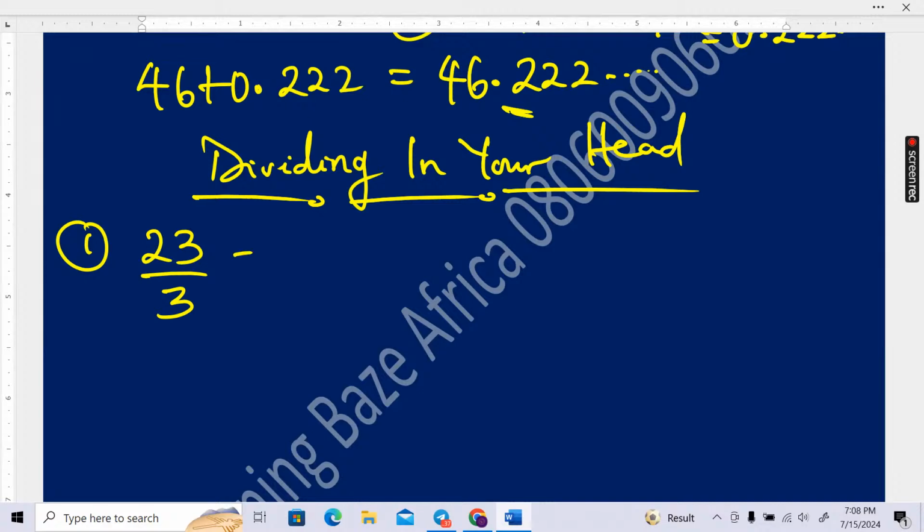So this is what you need to do. Break down 23 into multiples of 3. What is the highest multiple of 3 that you will have before getting to 23?